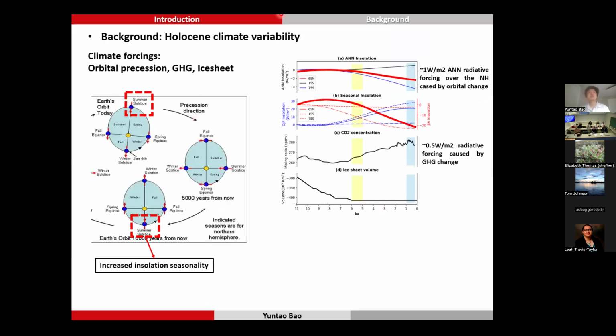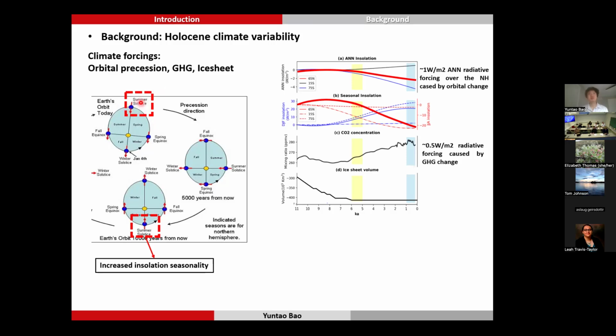Let me start. For the background, I'll just show you some background on Holocene climate variability. Firstly, the climate forcing. We all know that the dominant forcing during the Holocene is the orbital parameter change, which is what we call the orbital precession.